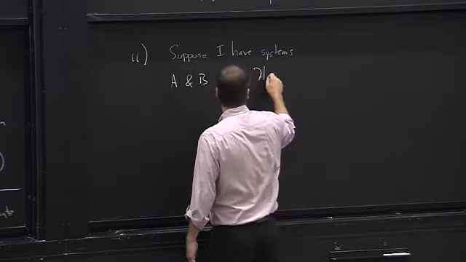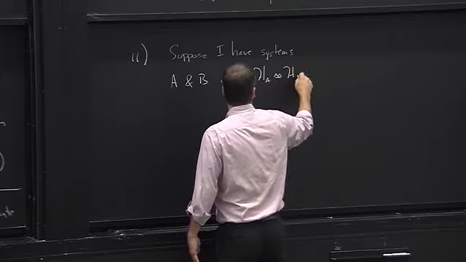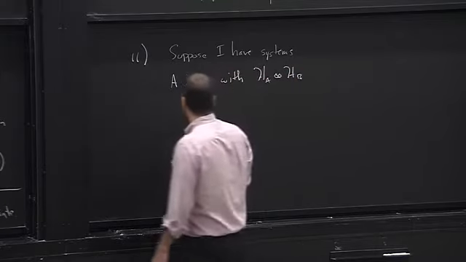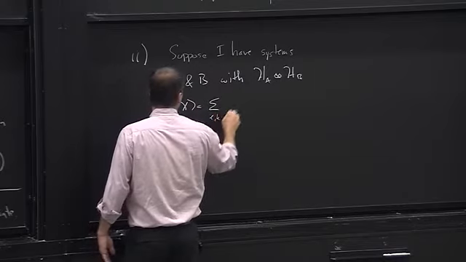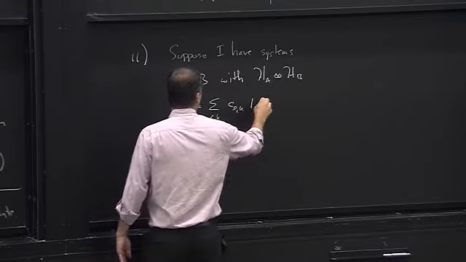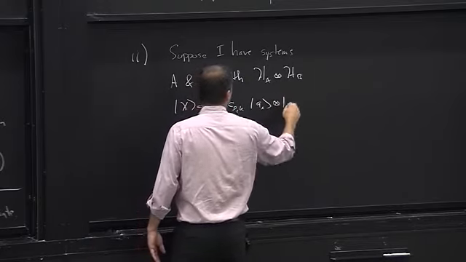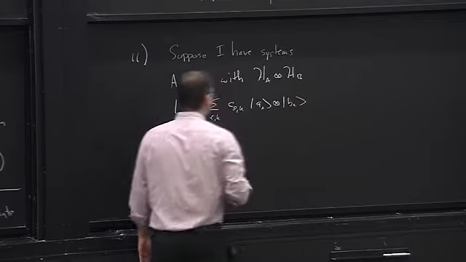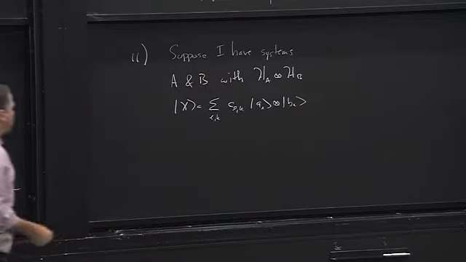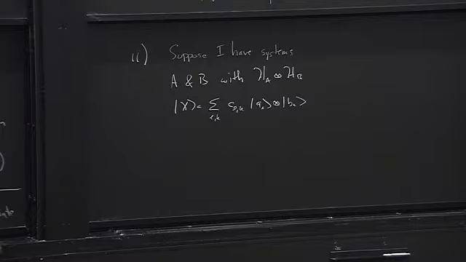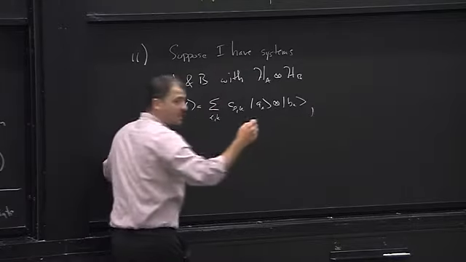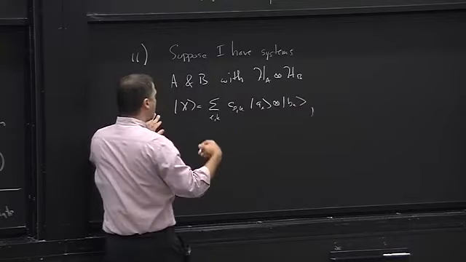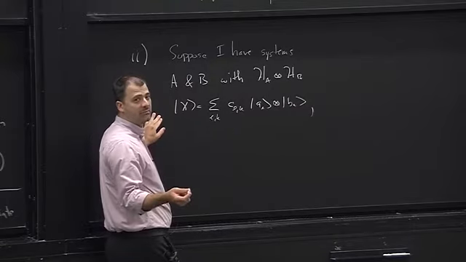We have our Hilbert space HA tensor HB, and we have our usual orthonormal basis. So now I have chi, sum over L and K, C_LK, A_L tensor B_K. That's the usual setup, but now here's the twist. I'm only interested in describing system A from now on.